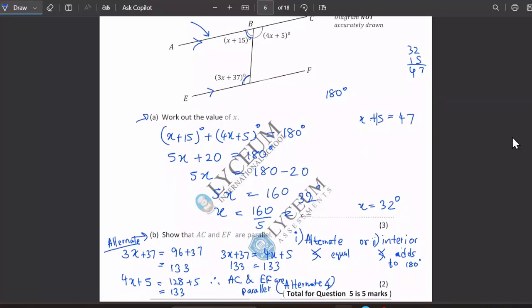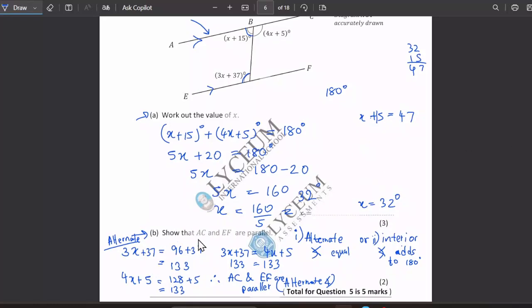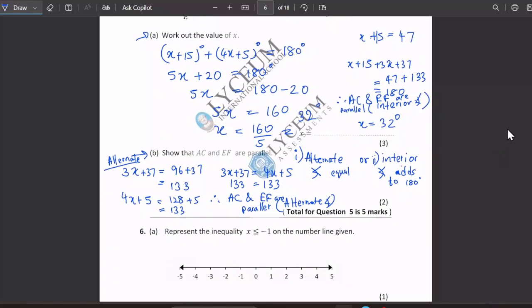And we know 3x plus 37 is 133. Let's see whether this gives us 180. That's 47 plus 133. You can see these two add up to 180. Therefore, AC and EF are parallel. Reason being interior angles. Okay, so that's the two methods.